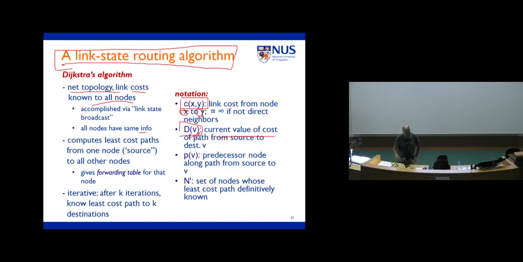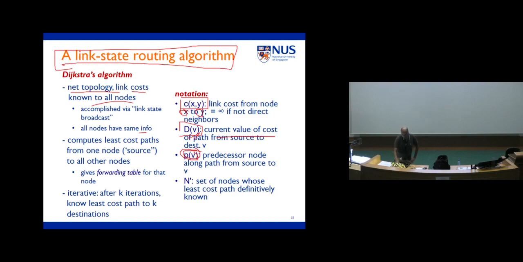And in order to get to v, what is the previous node I need to visit? Usually I go by hop, right? So maybe from me, in order to go to v, I need to go through w, something like that. So what is the previous node in order to get to v? What is the one hop away from v?